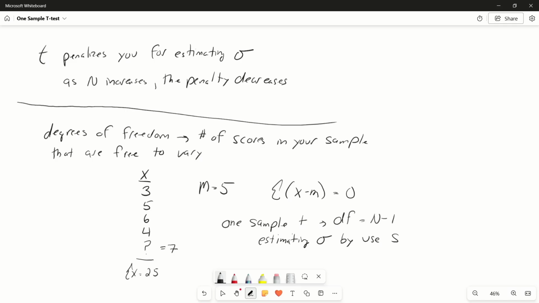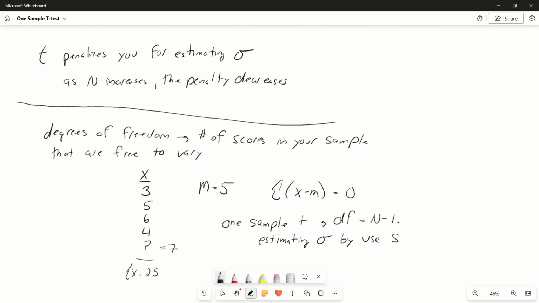So if I'm estimating sigma by using S, we are only estimating one parameter. So the degrees of freedom is always equal to n, the sample size, minus the number of parameters you're estimating. Since we're estimating only S for the one sample, we're going to have n minus 1.